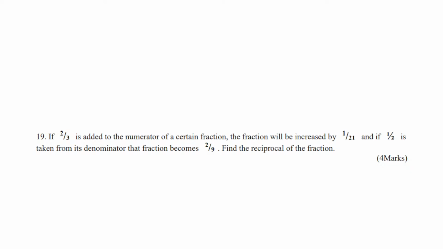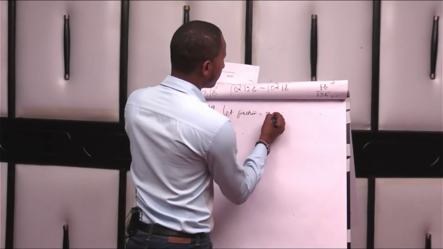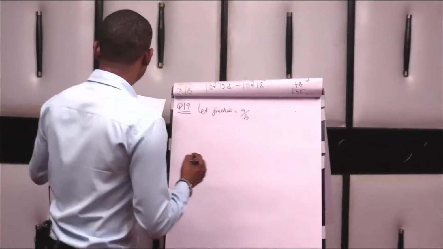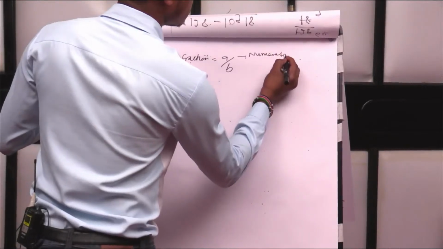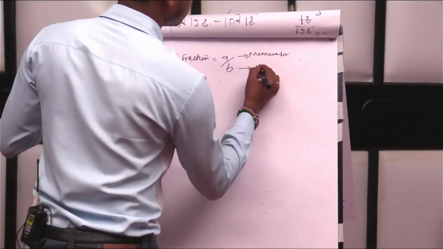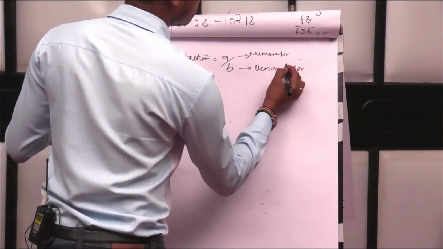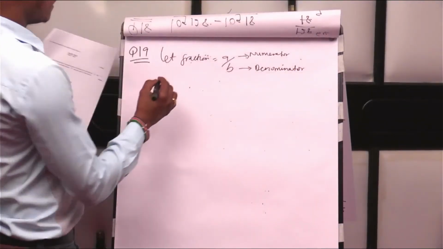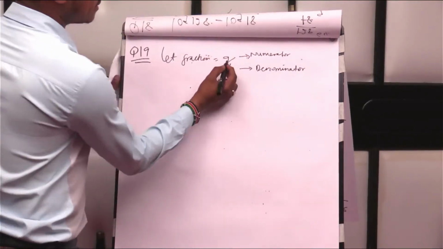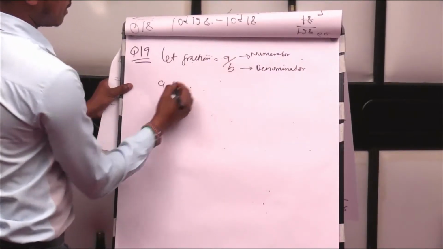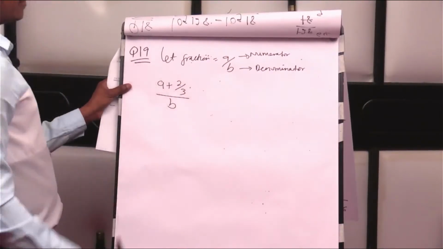So let the fraction be equal to a over b. You are told this is the numerator, and this is the denominator. Just follow the instructions. If 2 over 3 is added to the numerator, get your fraction a, add 2 over 3 to the numerator. The denominator still remains.